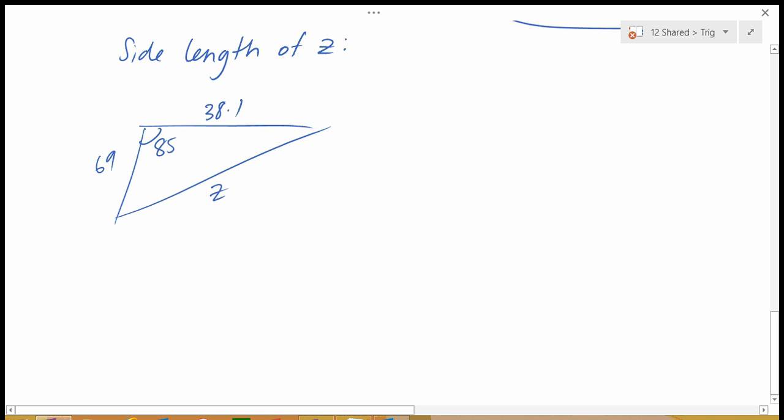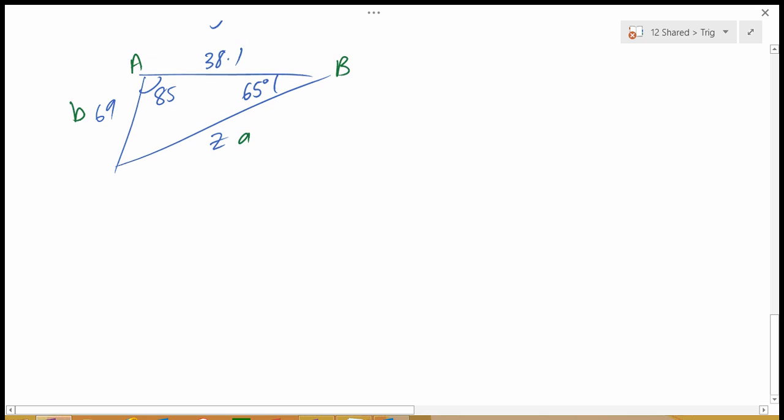So probably cosine rule here again is the way to go. Or we could use sine rule. Actually, I'm going to use sine rule because that's a bit easier. So I'm going to make this side A and this side B. So that's capital B and that's capital A. Alright, so let's write out the sine rule. So we'll have A over sine A equals B over sine B.